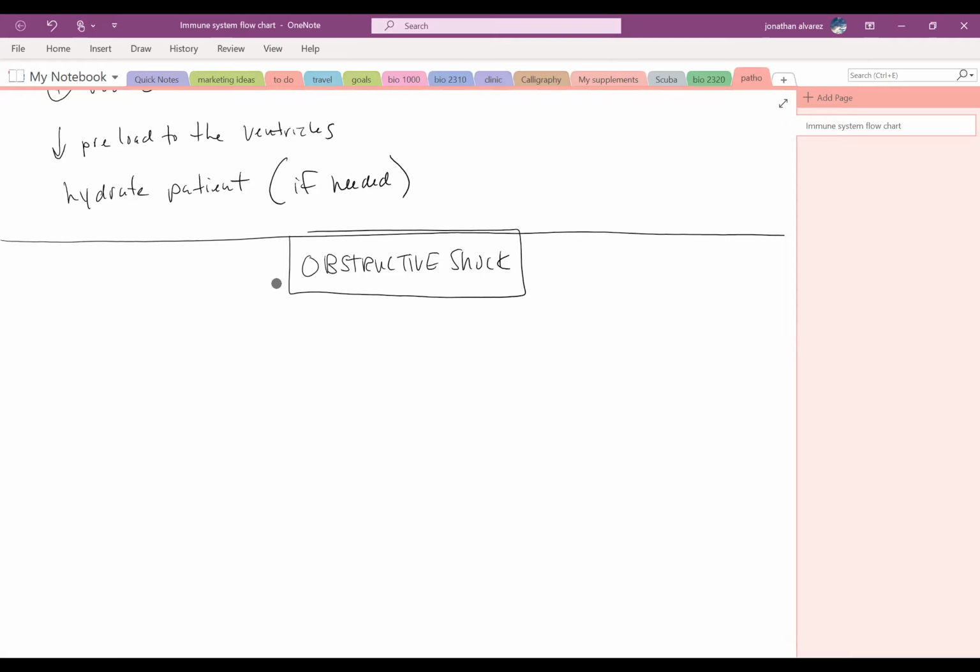Okay, so this is a result of decrease in the heart pumping due to a mechanical obstruction.